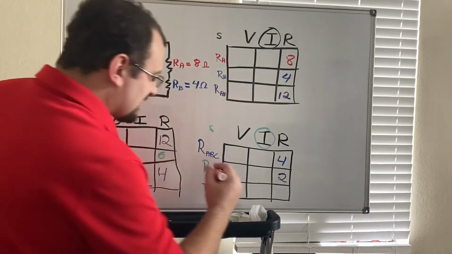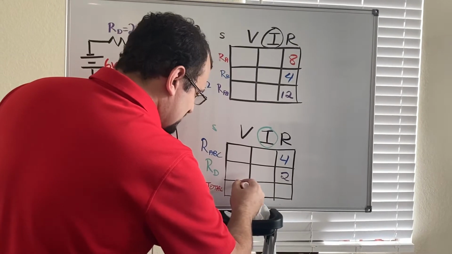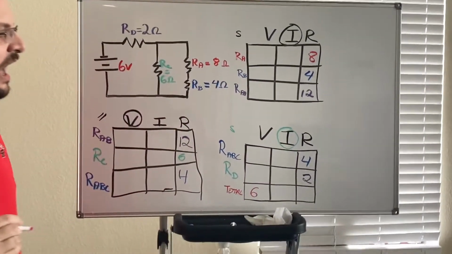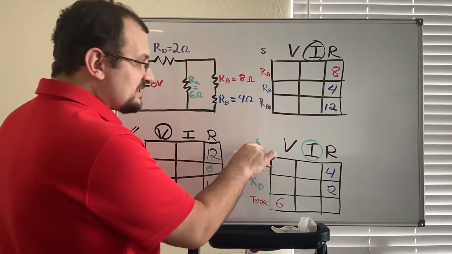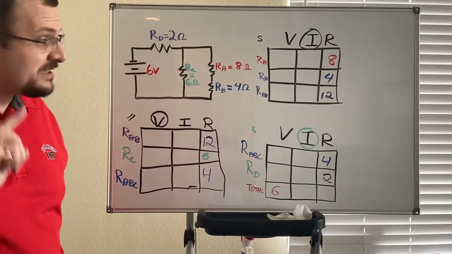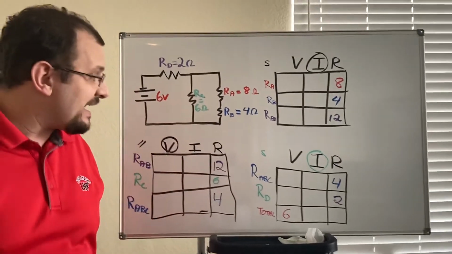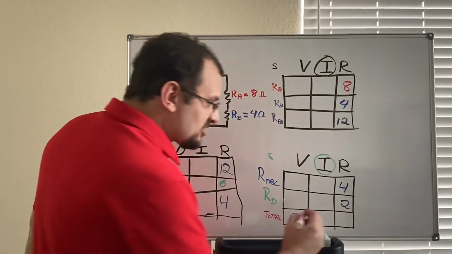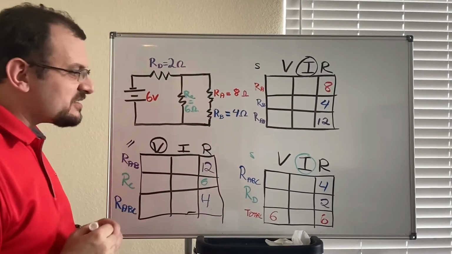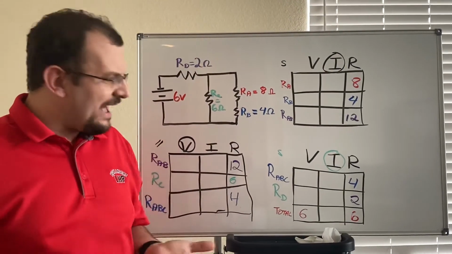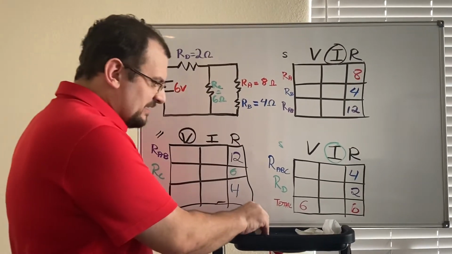This is now 6 volts. I can now start filling in everything else. So this is in series, so I know how to add resistors in series. That's just adding, so 4 plus 2, that's going to be 6. And now I can start filling everything else in.